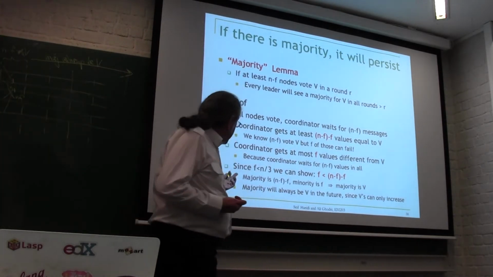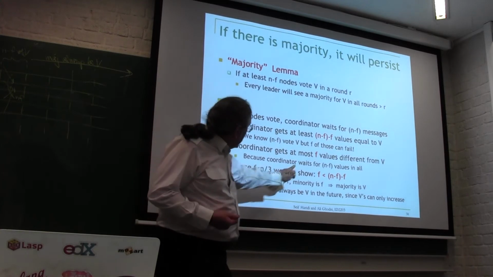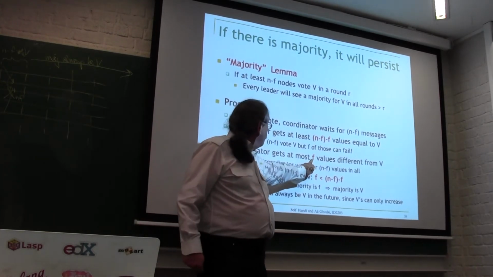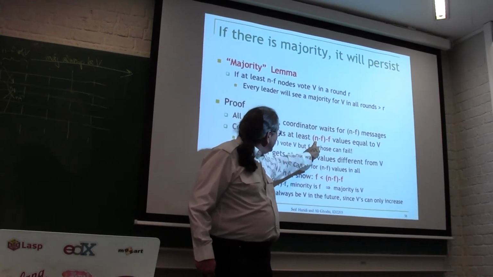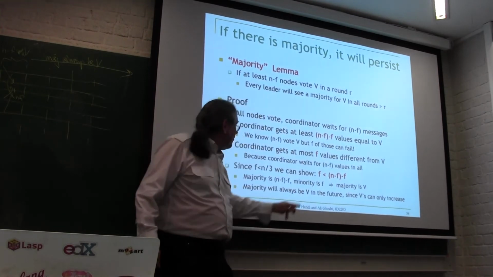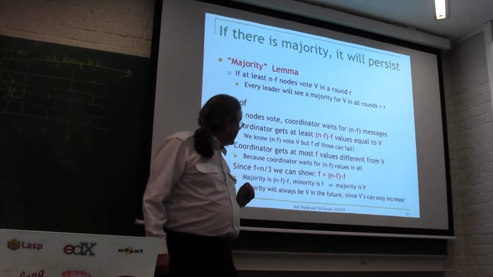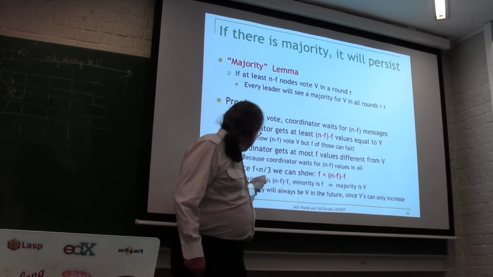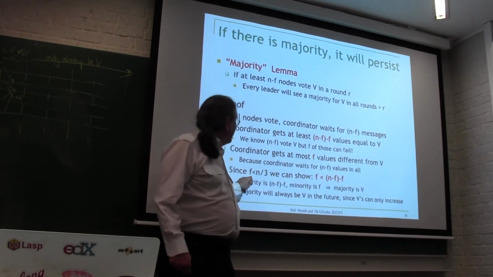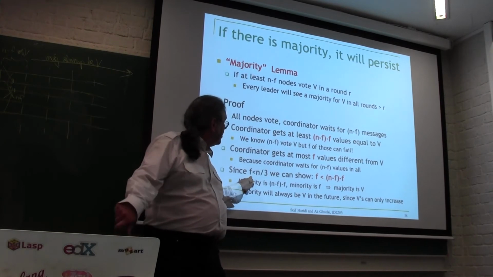So what can we say now? It turns out that f is always less than n minus f minus f. That's weird. How come? Well, it's because f is less than a third of n.